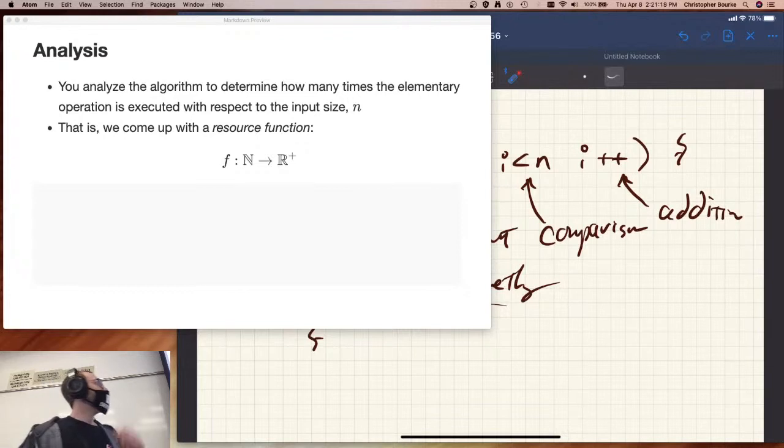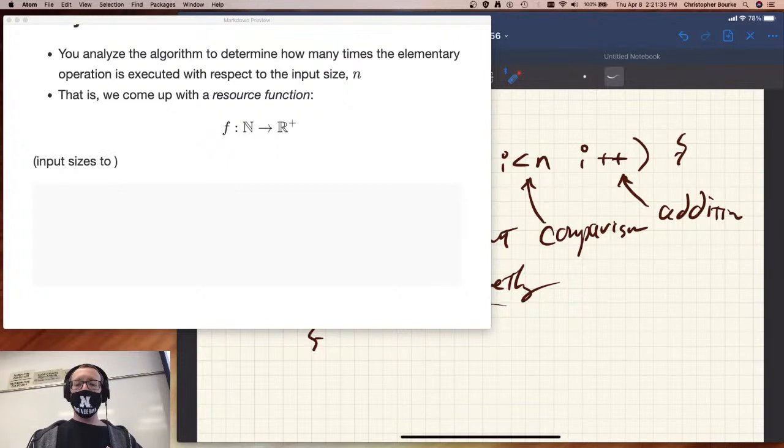So why are we mapping the natural numbers to positive reals? Let's take a look at that domain first. Natural numbers. What is that capturing? That's capturing input sizes to a resource measure. Why natural numbers then?